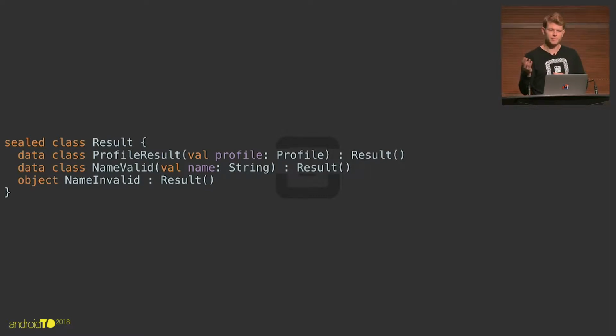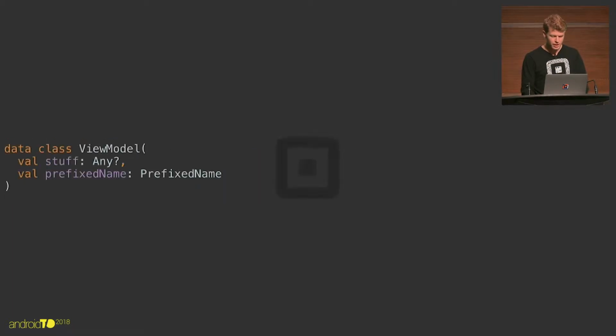When we update the name, and if the update of the name has led to an error, we get the name invalid object. And I put the whole thing into one class, which is result, in order to pass it into one stream. So every result will be able to go through one stream. And then we have just a basic view model that the view would be able to take to render the view.